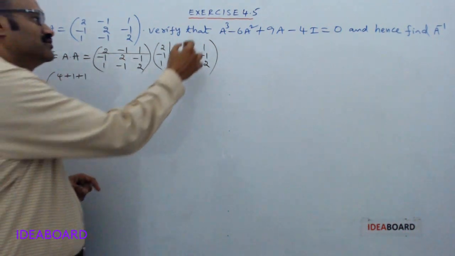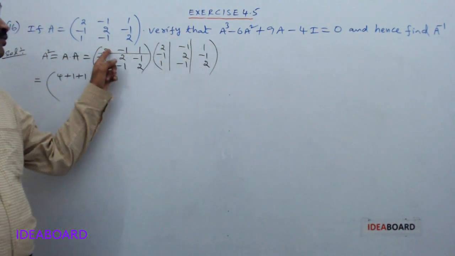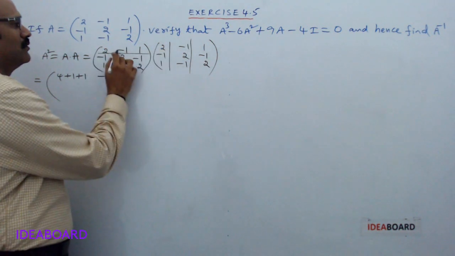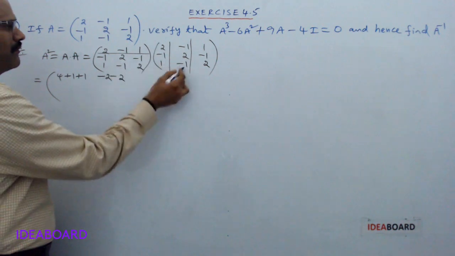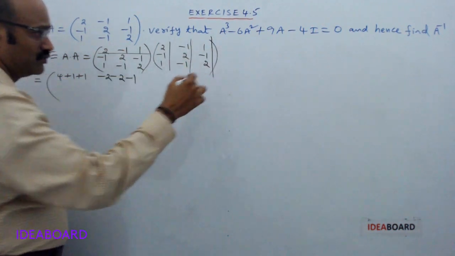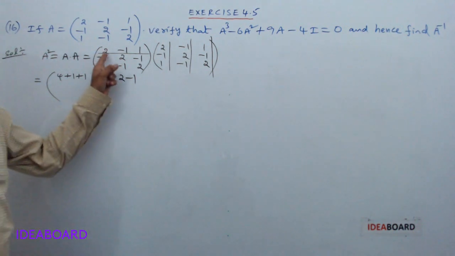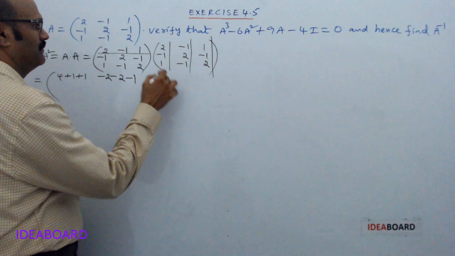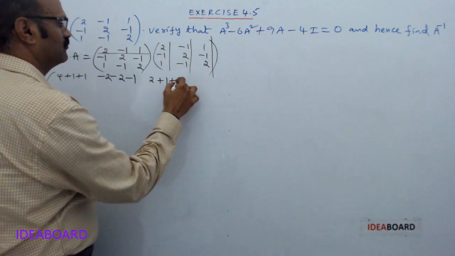Next first row into second column, 2 into minus 1 is minus 2, minus 2, minus 1. First row into third column, we have to multiply the corresponding elements, 2 into 1 is 2, plus 1, plus 2.